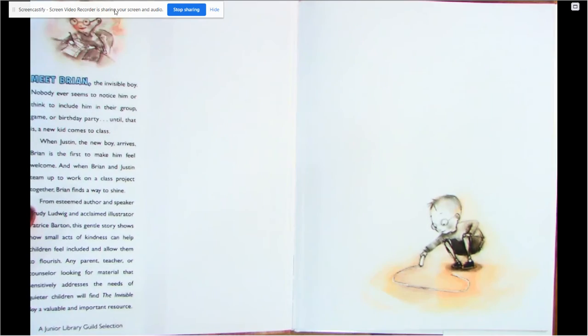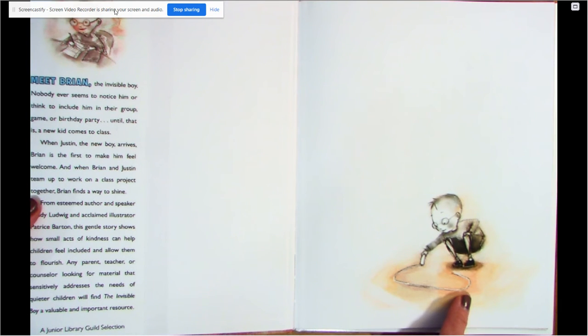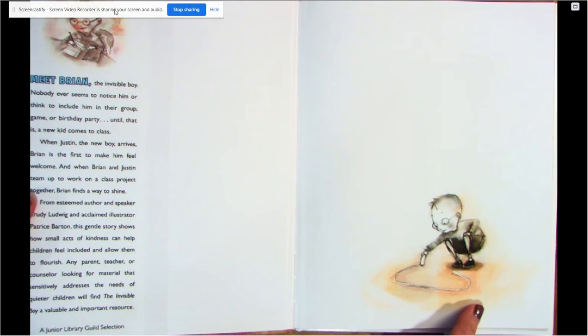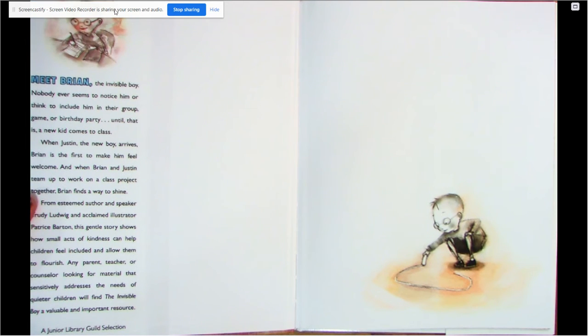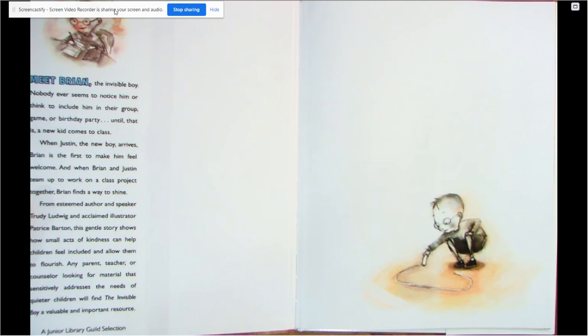Okay, first of all, I want you to notice on the inside cover, here is the main character. And I want you just to notice what he's doing. Okay, and one of the things that authors do in a story is they give us information before they're really ready to start talking about it. Okay, it's called foreshadowing.